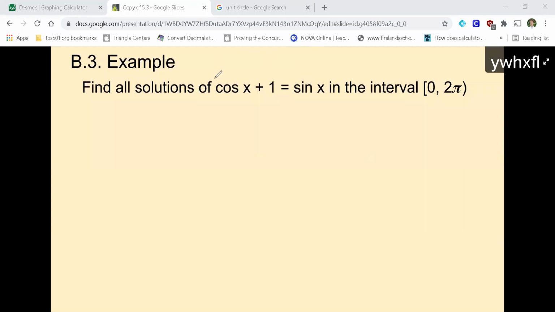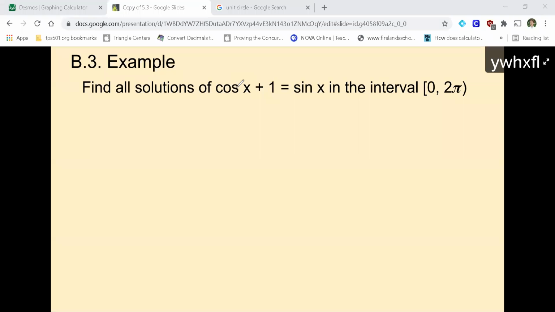You have a cosine and a sine. That is going to be a problem. We will not be able to get x by itself when we have trig functions of different kinds. So the first thing we will need to do is to get all of our trig functions to be of the same type.